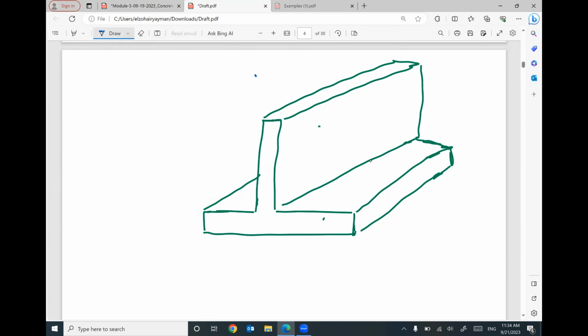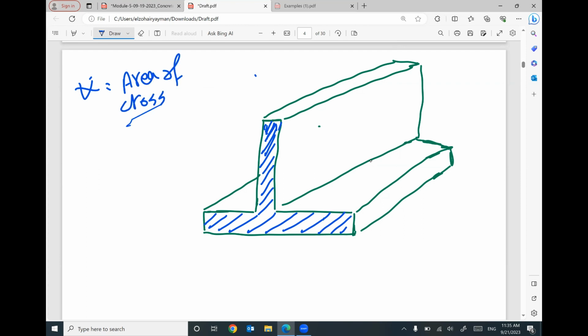The same idea, if you would like to figure out the volume of this retaining wall, I will figure out the area of this cross section. What is the area here? You can divide it into many parts, 2 rectangles, 3 rectangles, whatever. Then you need to multiply this area of the cross section times the total length of your wall. You can figure out the volume.